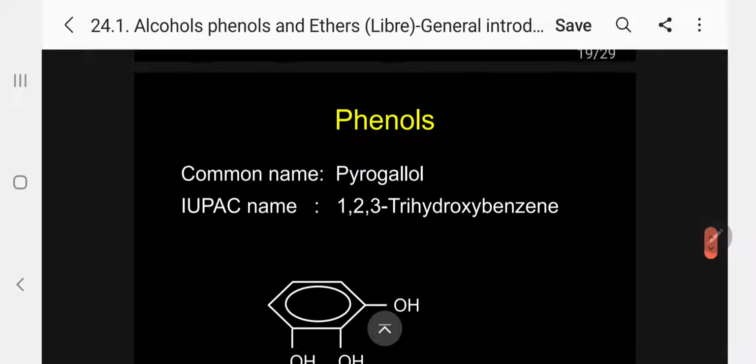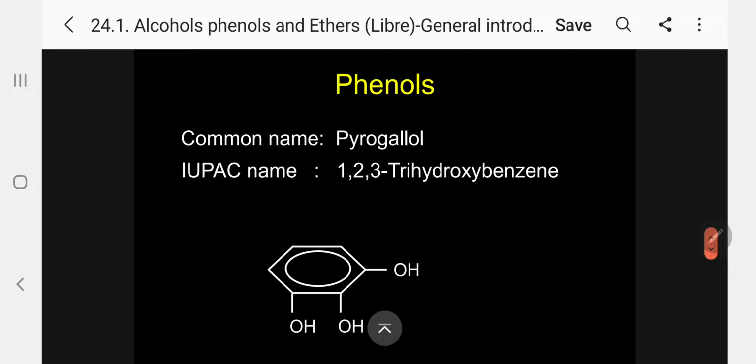Okay. The next one: three hydroxy groups in the benzene ring. The first one, pyrogallol, is the common name.